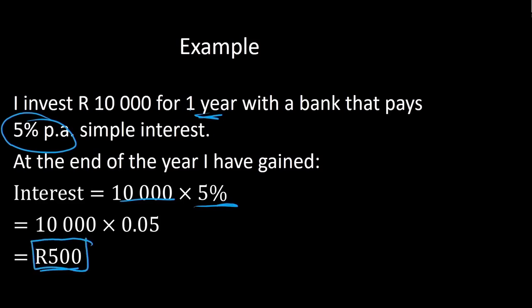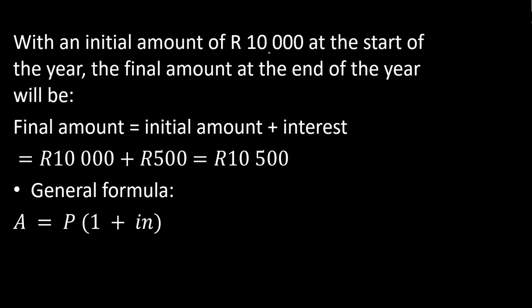Okay, so that means that after an initial investment of 10,000 Rand at the start of the year, I'm going to end up with a final amount of 10,500 Rand. So my final amount is my initial amount, which I invested, which was 10,000, plus the interest which I received, which is 500, and that gives me an amount of 10,500 Rand.